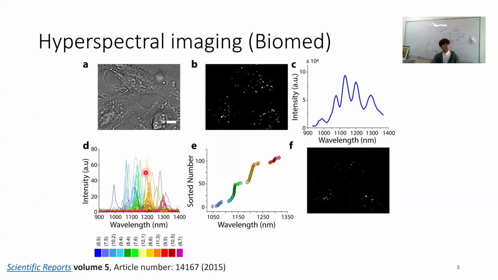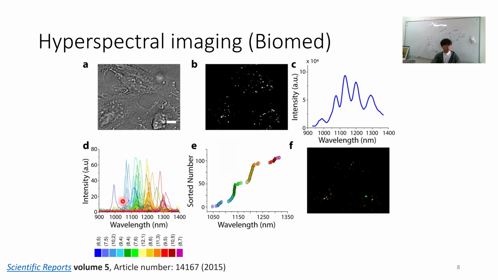But with hyperspectral imaging, some techniques can differentiate each wavelength differently. Then actually there are multiple different chiralities mixed inside one image. And we can color them separately.